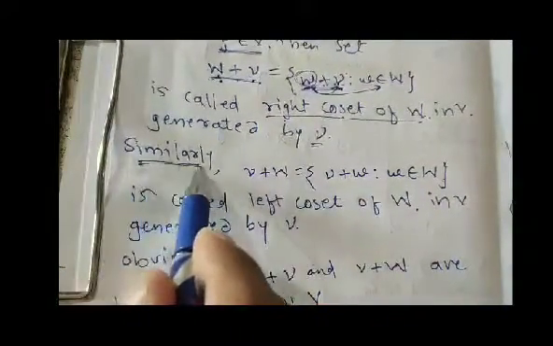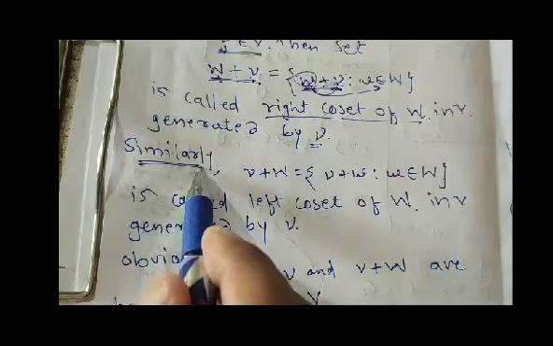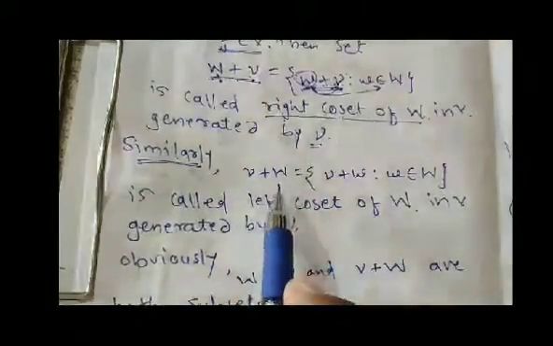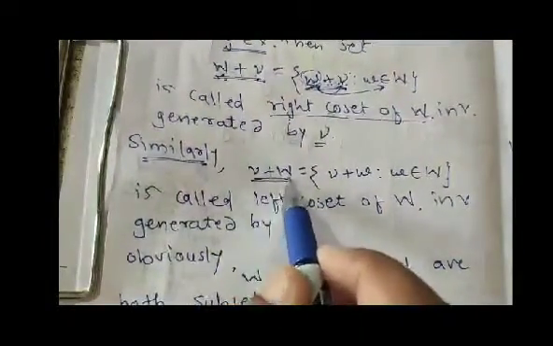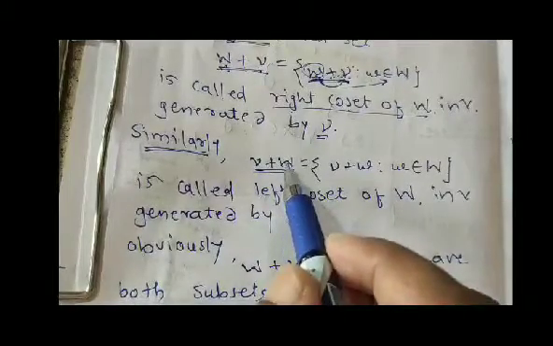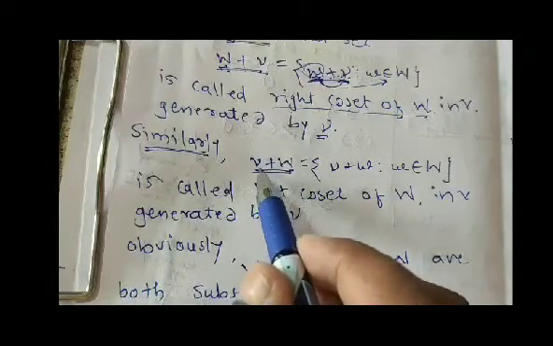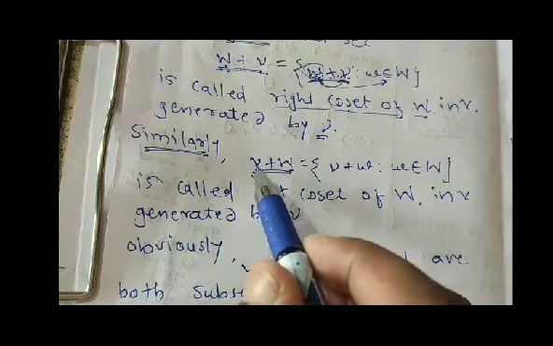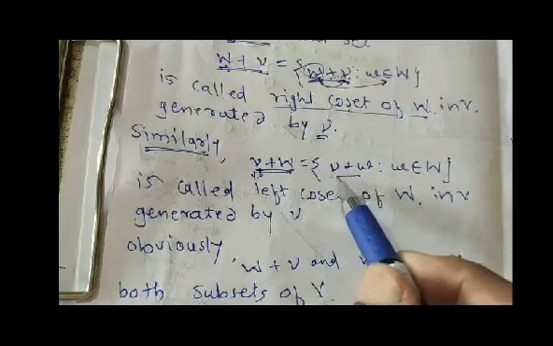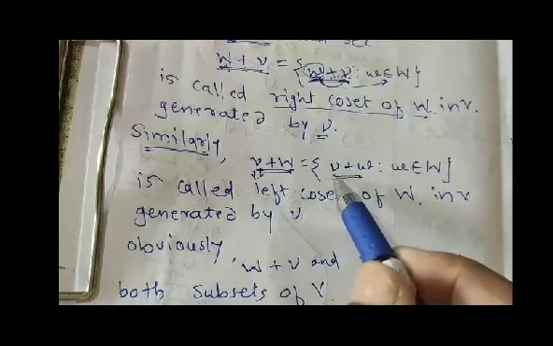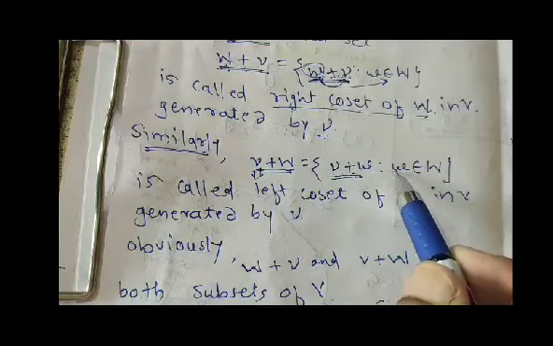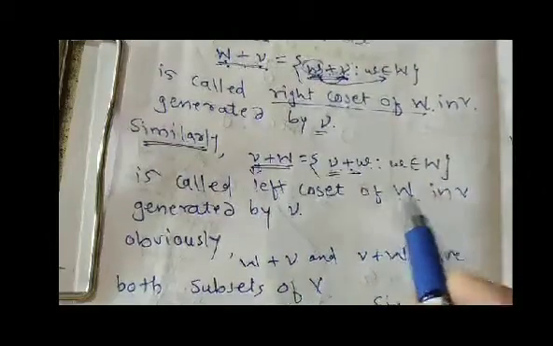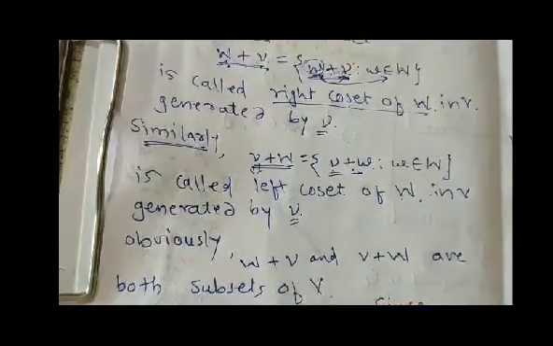Similarly, as with right and left cosets in a group, nu plus W is the left coset. The fixed element is on the left side, so it is a left coset: nu plus omega, such that omega belongs to W, is called the left coset of W, generated by nu.